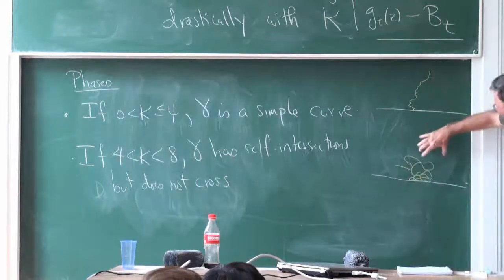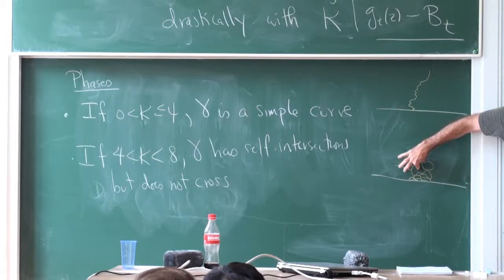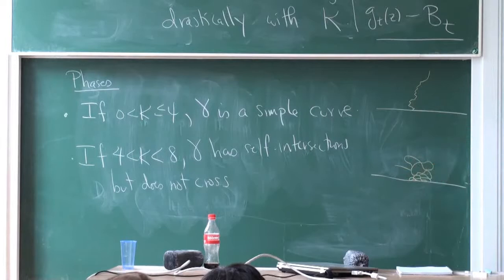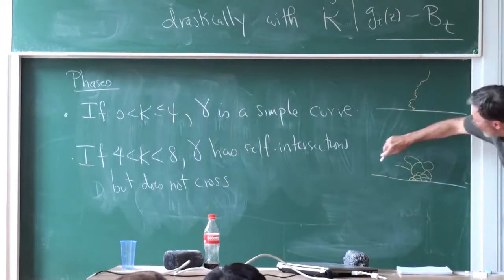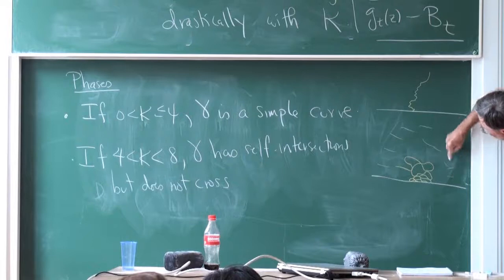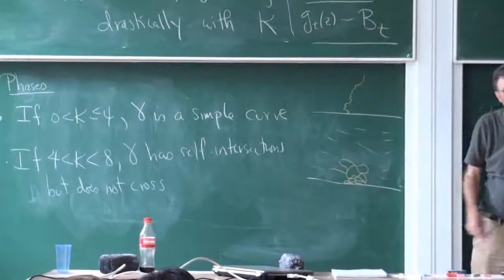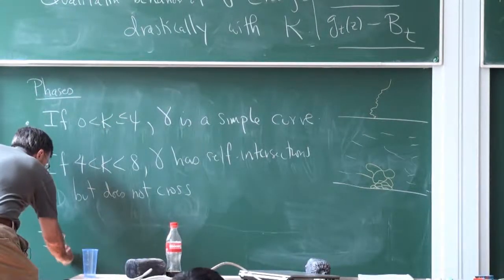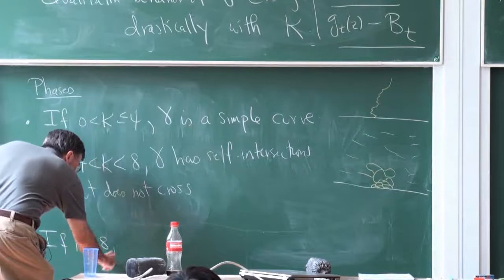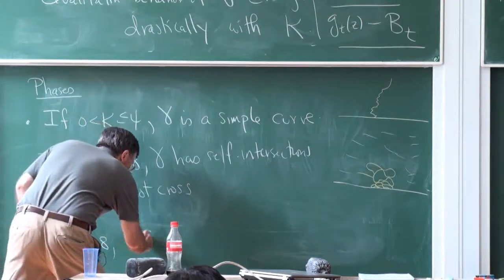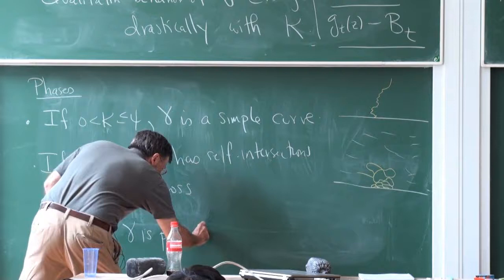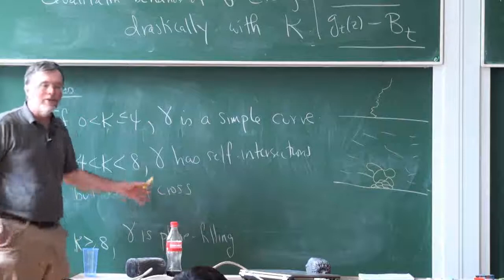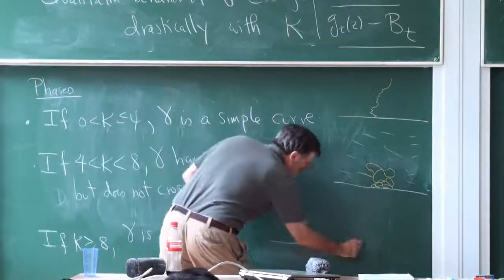But what's happening here is that there are actually parts of the upper half plane that are not hit, but they get trapped, so that this map G sub t actually has domain equal to that. And if kappa is bigger than or equal to 8, gamma is plane filling, meaning it's still not crossing, but it hits every point.